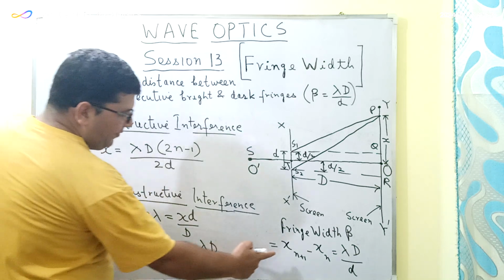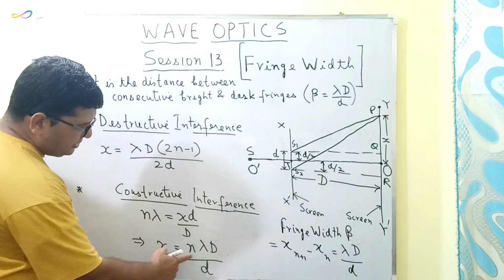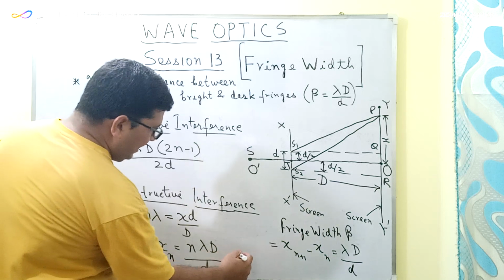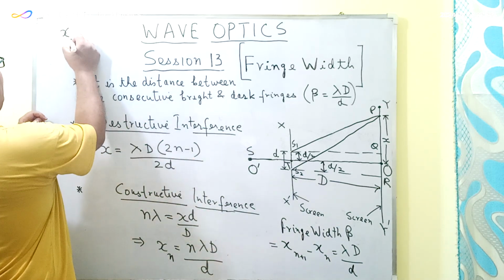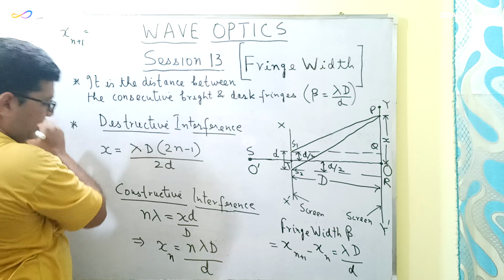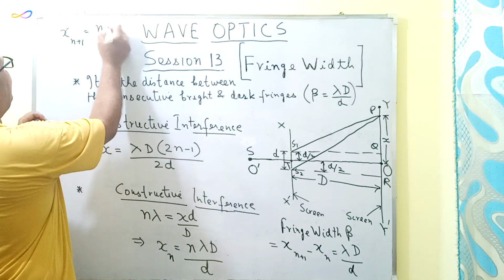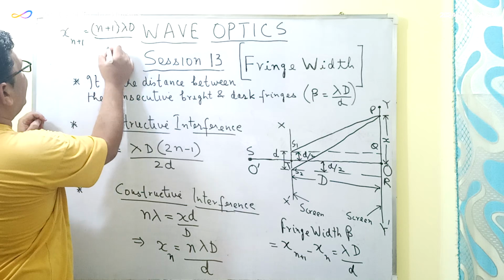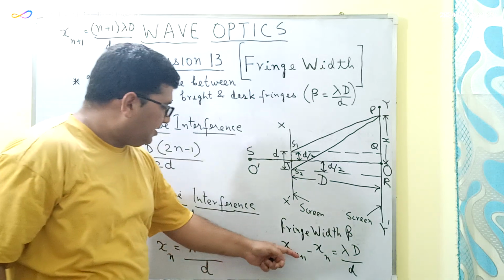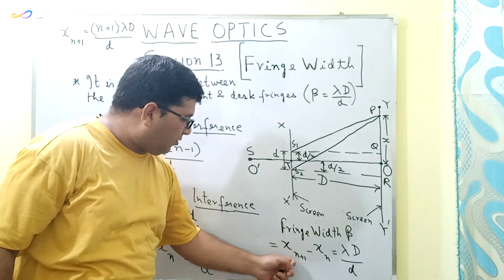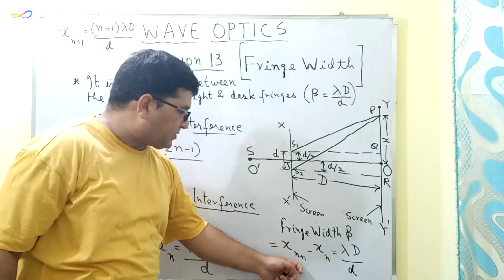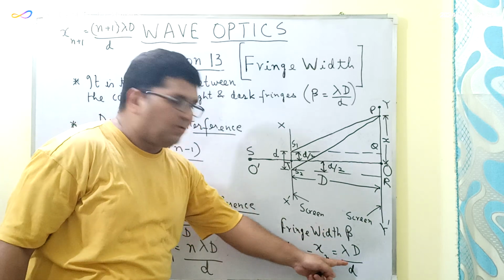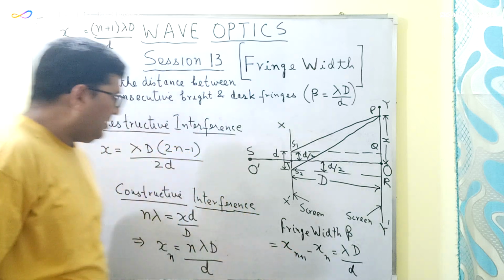So if x(n) is equal to n lambda D upon d, then x(n+1) will be equal to (n+1) lambda D divided by d. So if I subtract x(n) from x(n+1), then I will get the fringe width beta, and this will be equal to lambda D upon d.